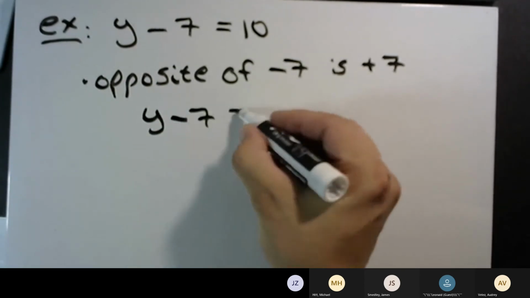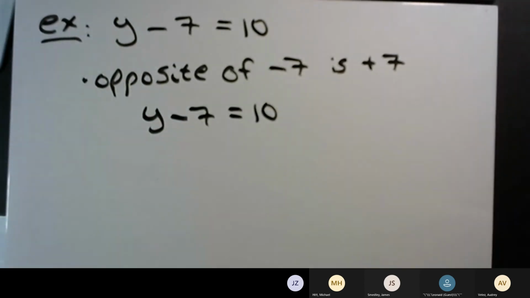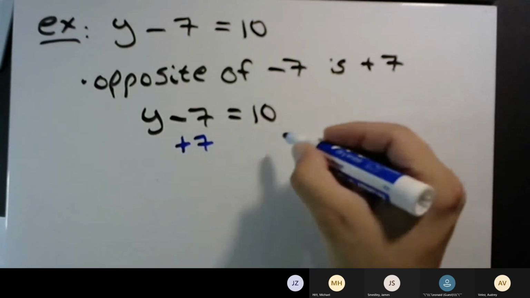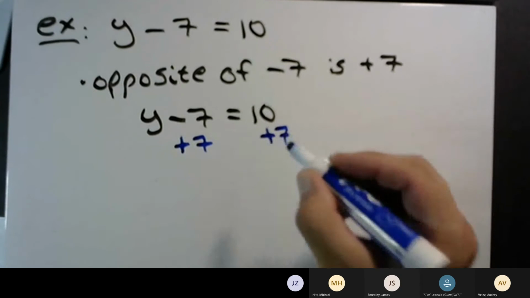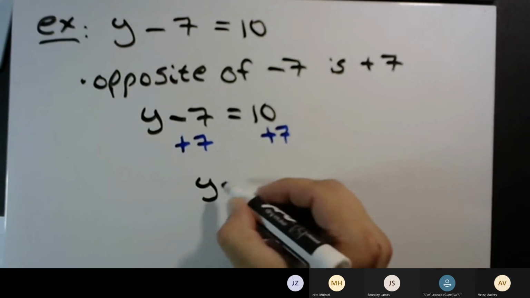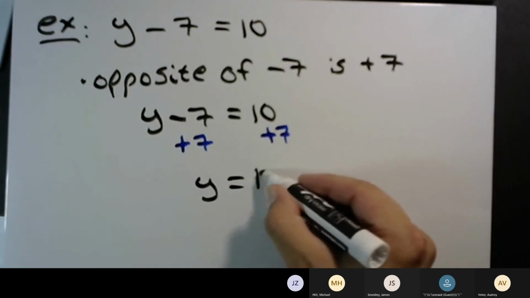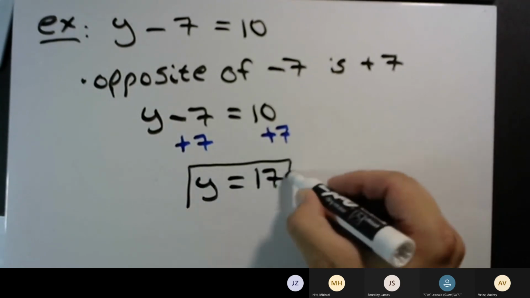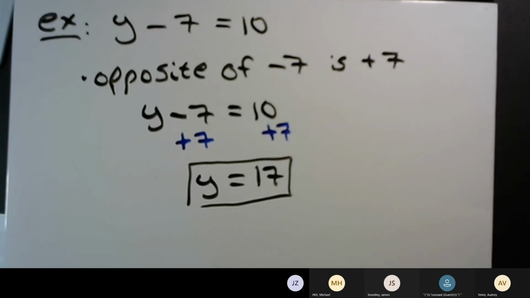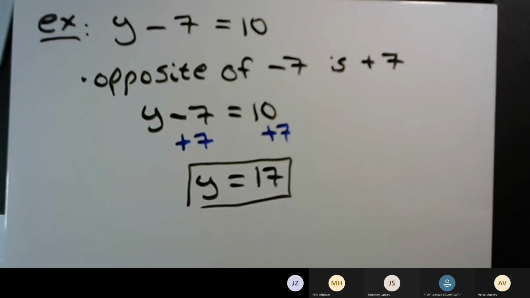Take y minus 7 is equal to 10. We add, and what we do to one side, we have to do to the other. These will cancel. And then 10 plus 7, that's 17. Questions about that?